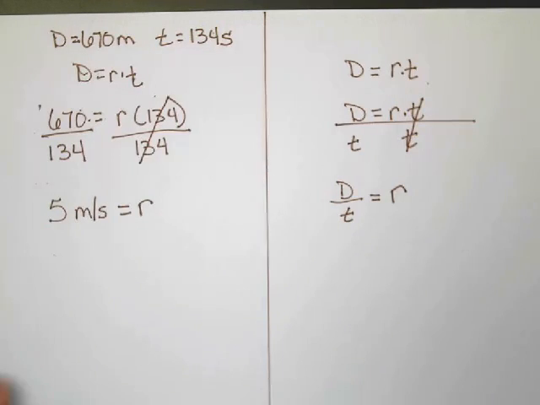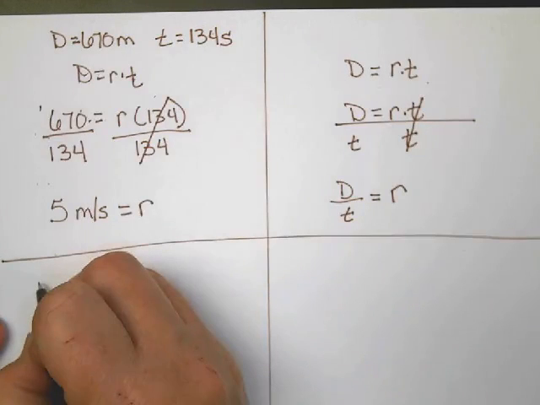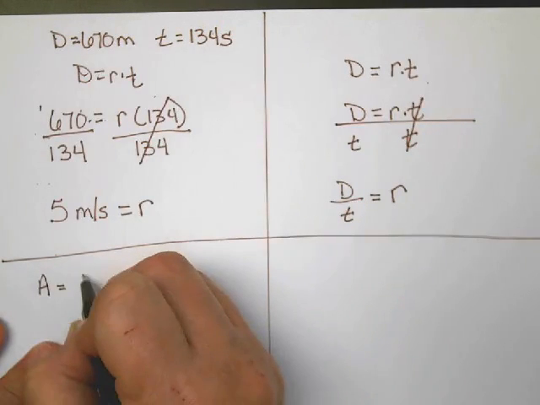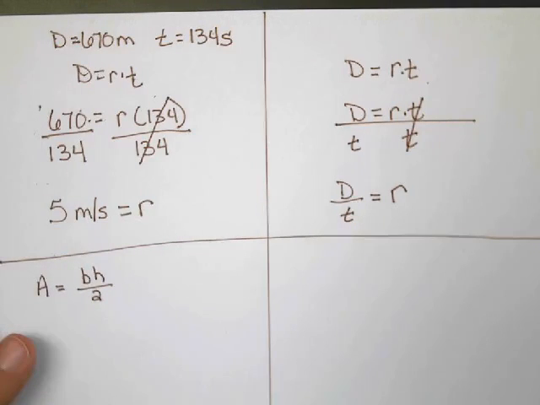Now, what if I did something like the area of a triangle equals the base times the height divided by 2, or 1/2 the base times the height?